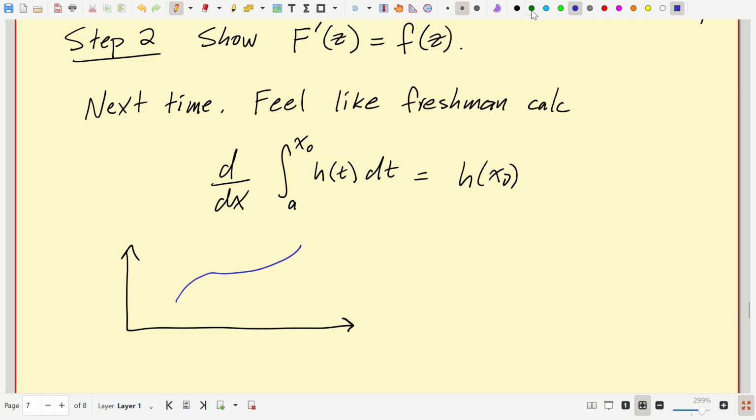This goes from a to x naught plus delta x.